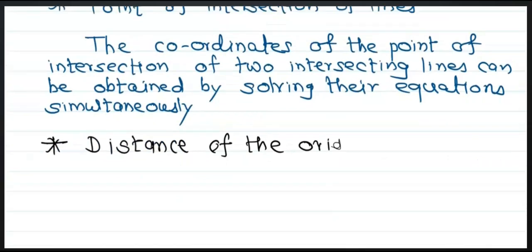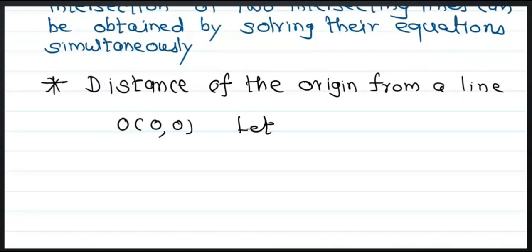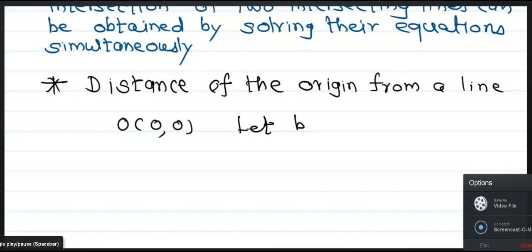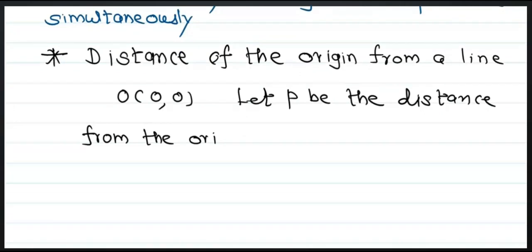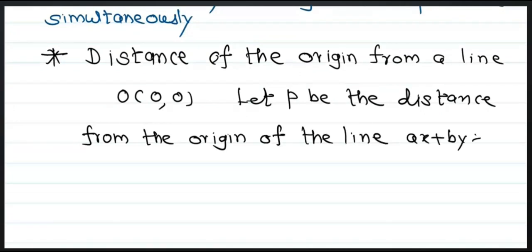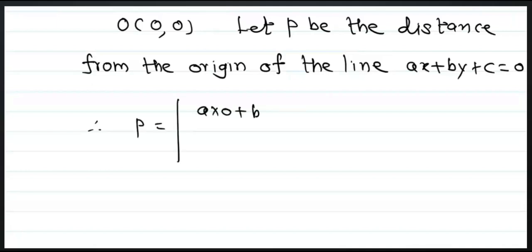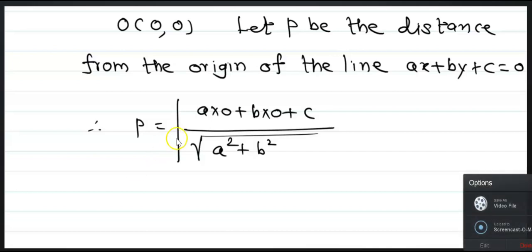Distance of the origin from a line. That is, to find the distance of the origin from the given line, here 0, 0 is the point, and p is the distance from the origin to the line ax plus by plus c is equal to 0. p is equal to mod of a into, that is, x and y are replaced by 0 and 0, so p is equal to mod of a into 0 plus b into 0 plus c upon under root of a square plus b square.